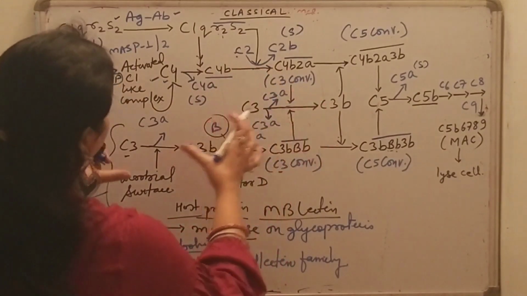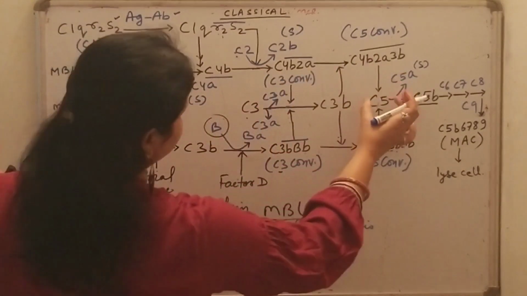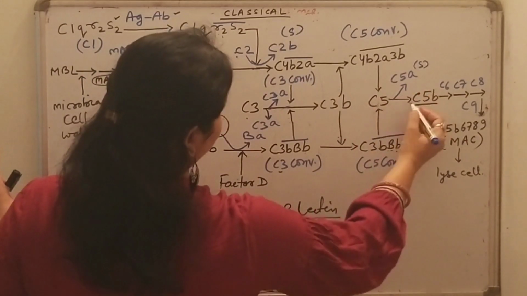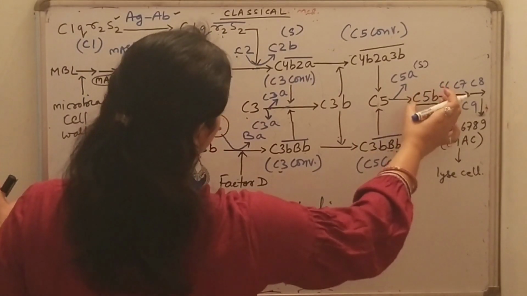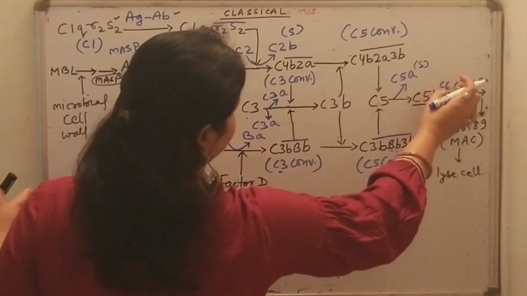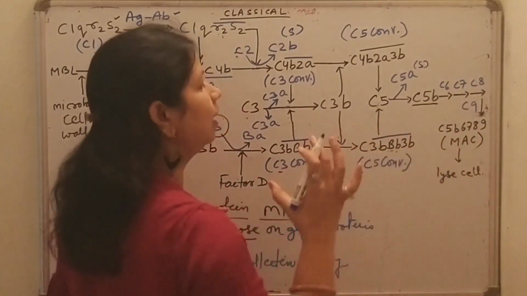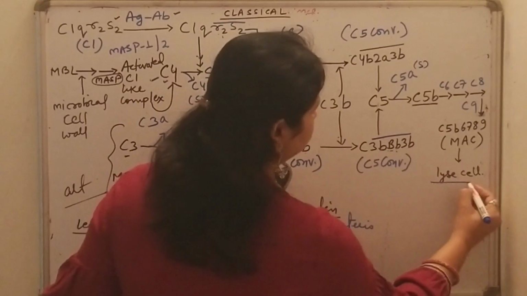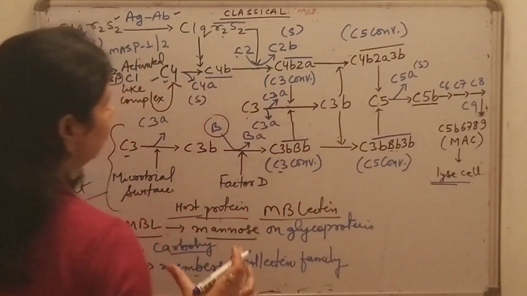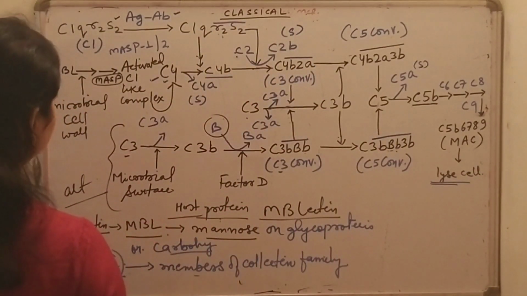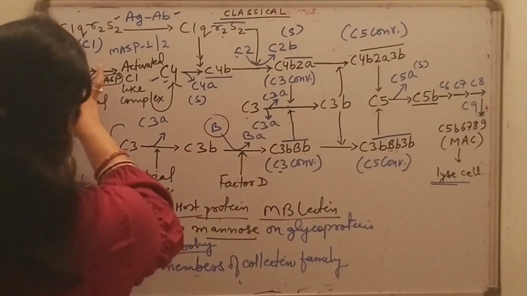After C5 convertase formation, the C5b peptide fragment binds to C6, C7, C8, C9, and after that the formation of MAC takes place, and it leads to the lysis of the cell. So this is the lectin pathway.